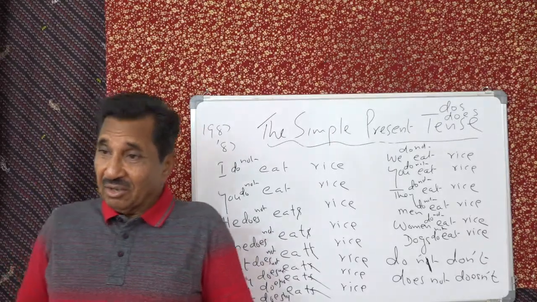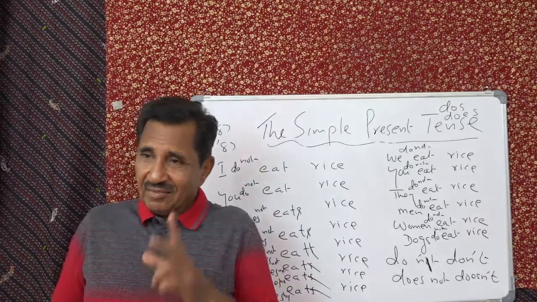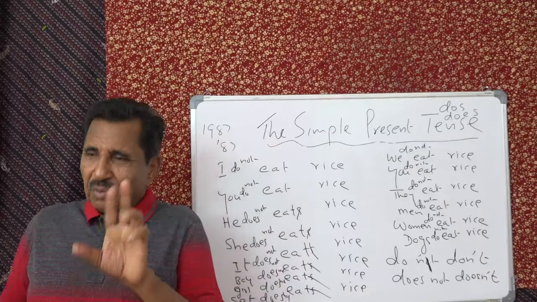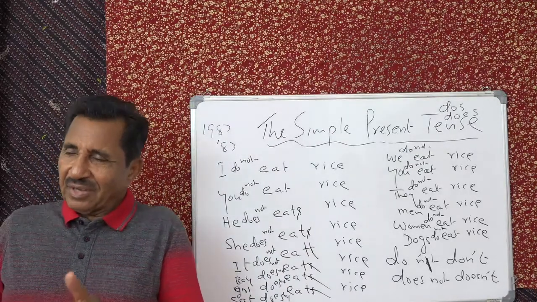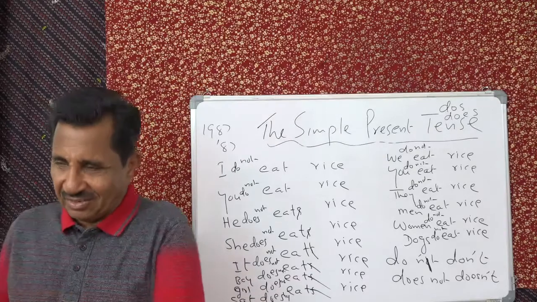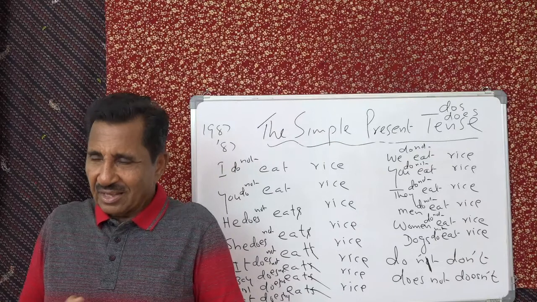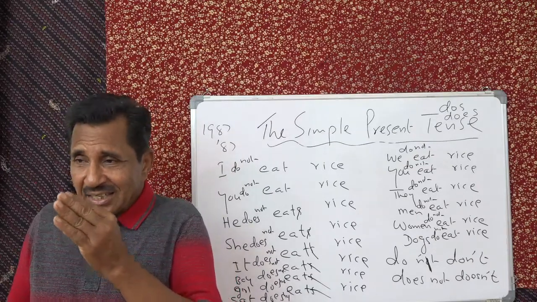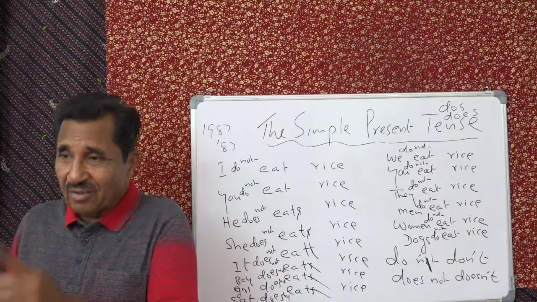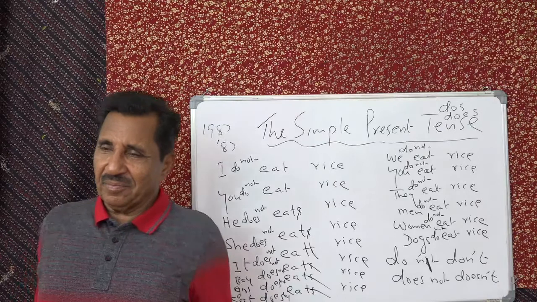It's a very important rule. And what is that? When there are more than one word in a verb form, always the tense marker is attached to the first word in that form of the verb.